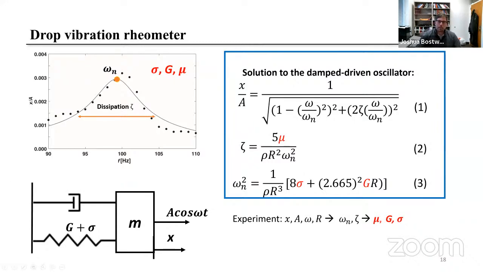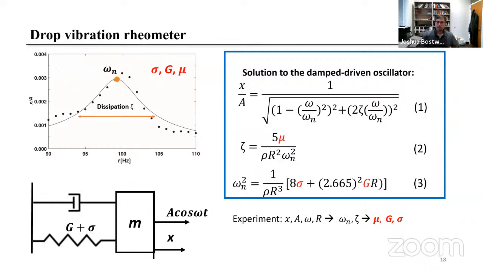If we treat this like a lumped parameter model, the frequency response to the damped driven oscillator is given in this well-known form. X over A is proportional to the applied frequency omega, the natural frequency omega n, and this damping factor, which we call zeta. So what we do is bring physics into these constants.